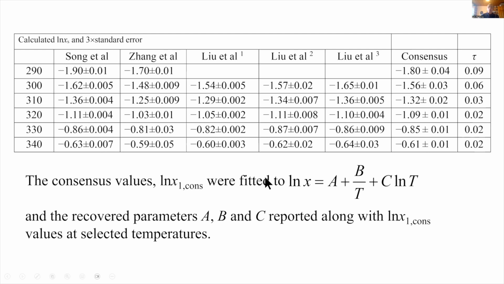When we reported these, we actually put the consensus values through and reported consensus A, B, and C so that someone could calculate a consensus value at some specific temperature if they had a specific need, provided you're within the temperature range. And we did limit all of our analyses to a temperature range where there was data overlap.